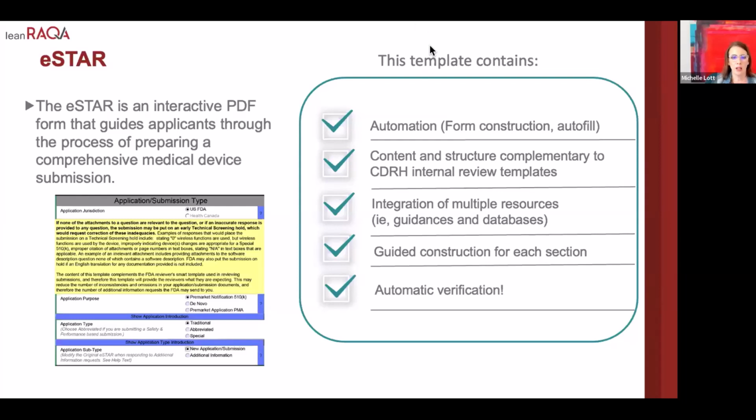All these blues here are help text that point you to specific guidance documents about how to make the right selection, or clarify some of their expectations. They've got some very specific recommendations in their biocompatibility and cybersecurity sections.